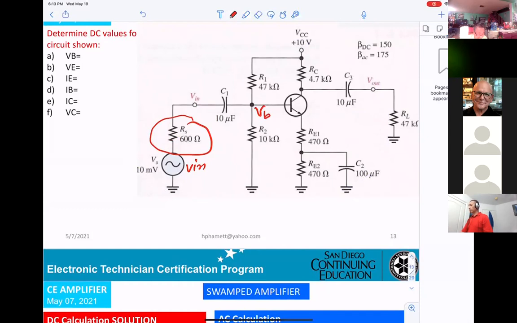So the formula I'm telling you for the gain of the transistor amplifier, AV, has to be V out over VB, not V in. They only go up to here.